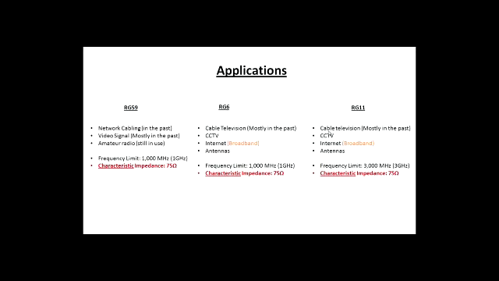Again, it was used mostly in the past, but still maybe you're going to see some instances of cable television, closed circuit TV, also internet, and in brackets I put broadband, and antennas.